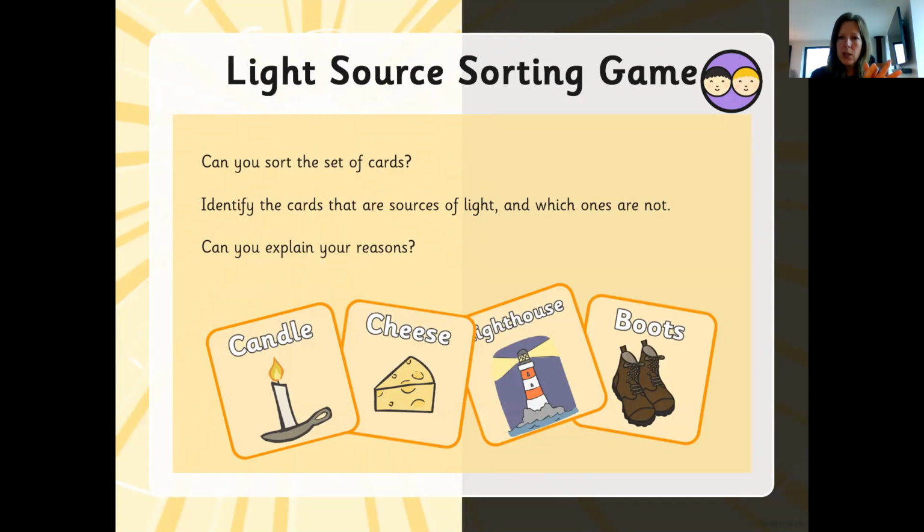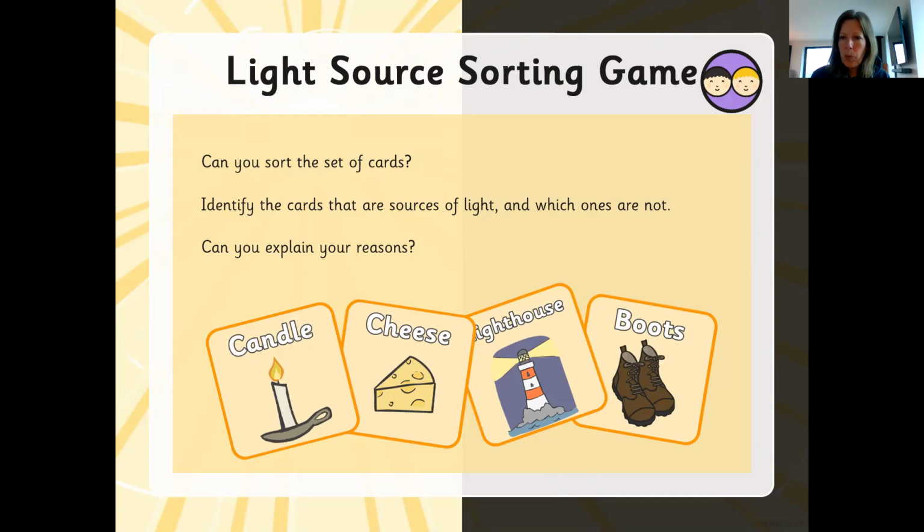So any object on there that you think gives out light is going to go into one group. And then the other things that do not give out light are going to go into the other group. So there's going to be two groups. So you're going to cut out those cards and sort them into those two groups. And if you can, explain your reasons for it. Why have you put that one there and why have you put that one in the other group?